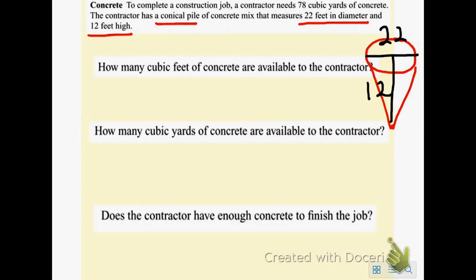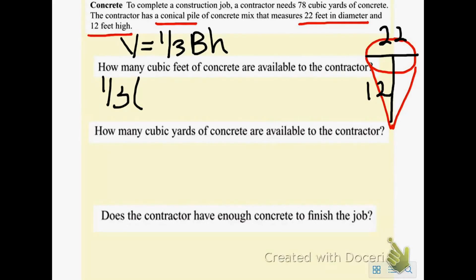The first question wants us to say how many cubic feet of concrete are available to the contractor. So I need to use my volume formula. For a cone, it only has one base, so I've got to use 1/3, capital B, times H. Capital B is the area of the base, and this base is a circle, so the area formula is pi times r squared.